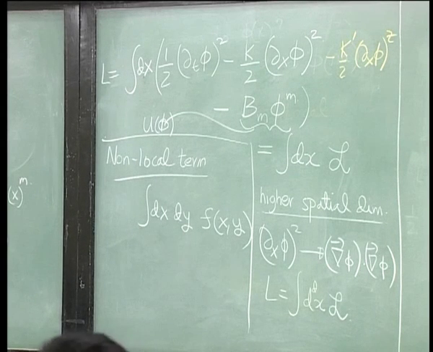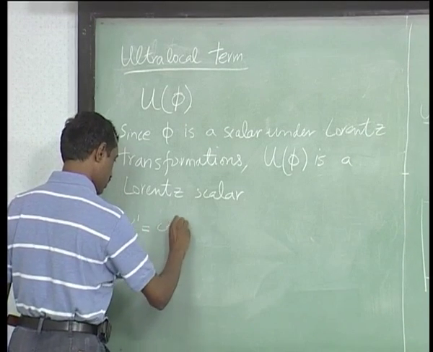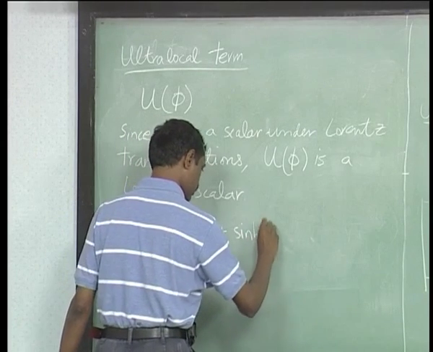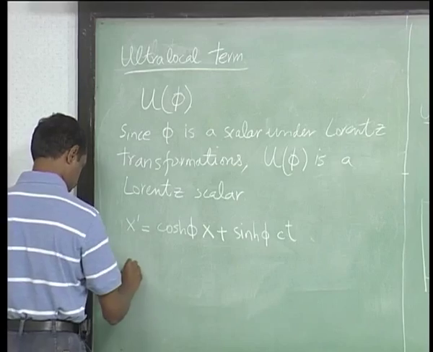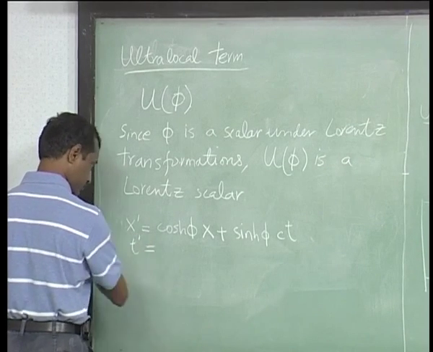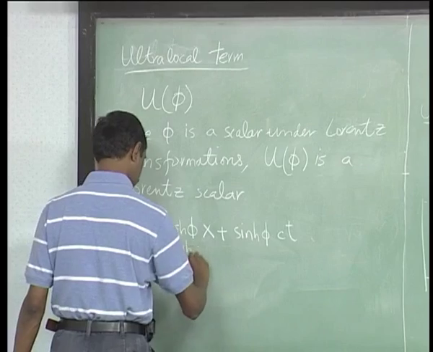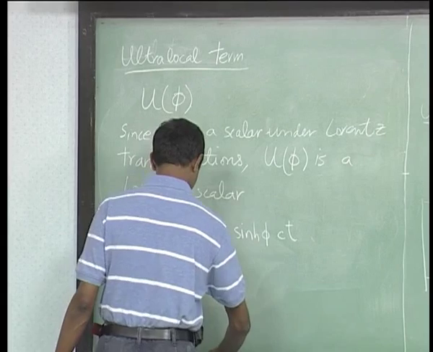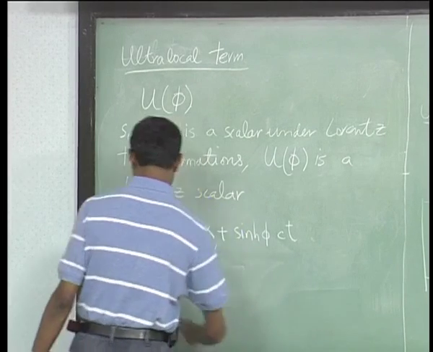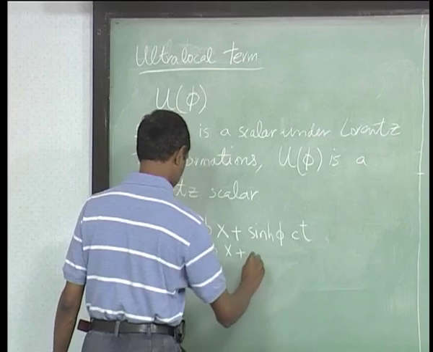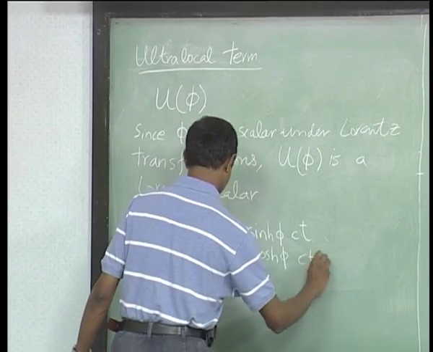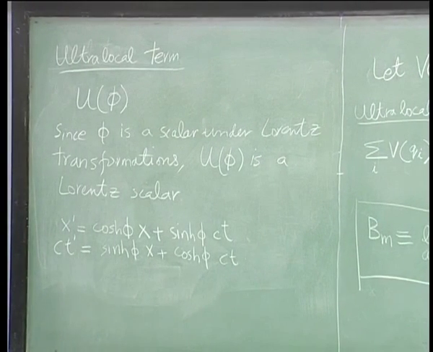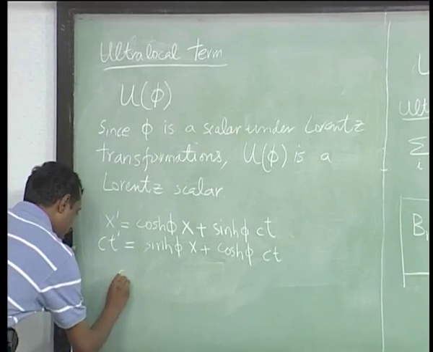So, we have, let us say that x prime is equal to... okay. So, this is Lorentz boost. So, the question is what happens to d by dx prime.